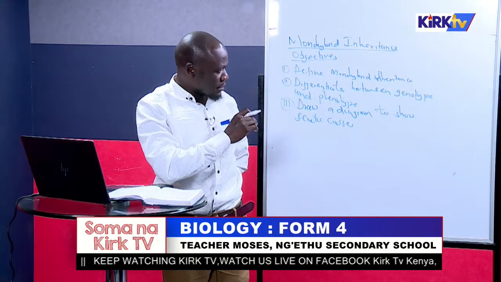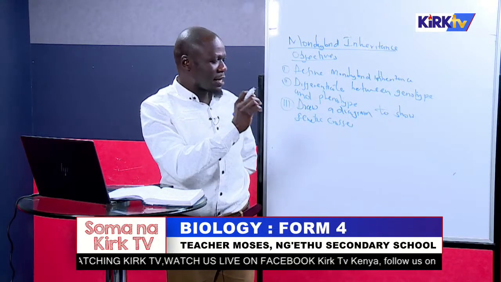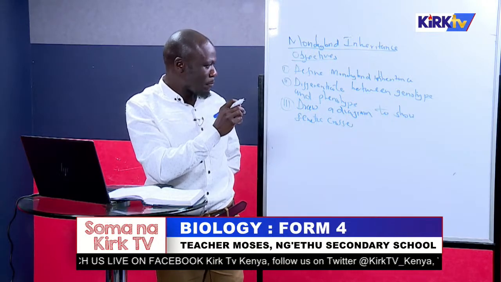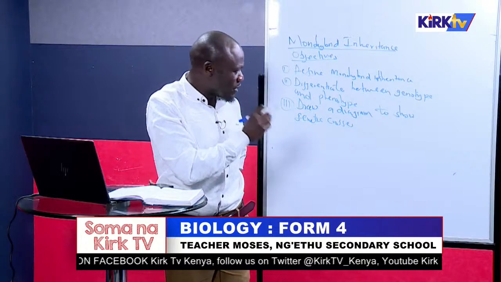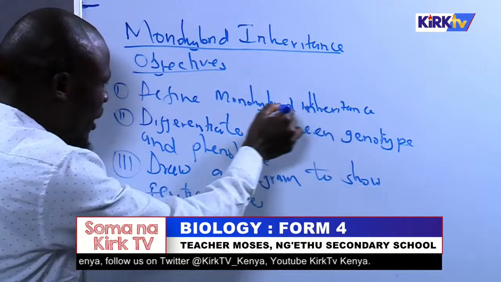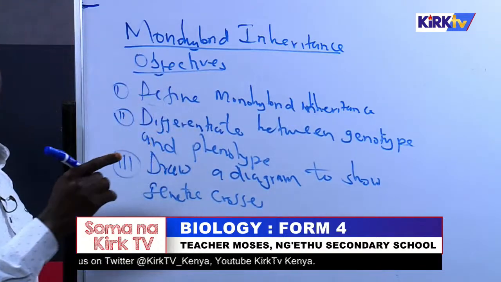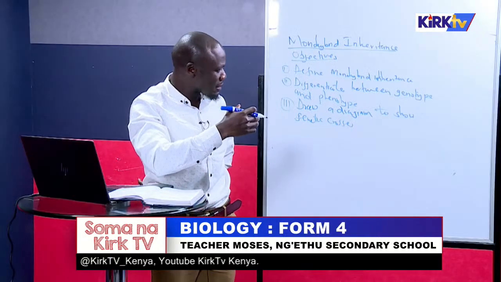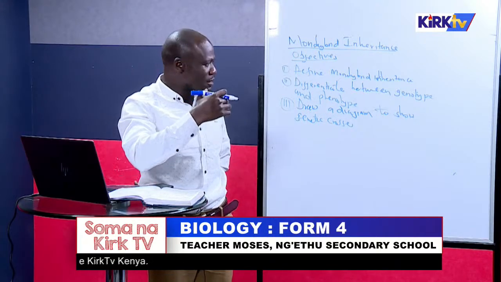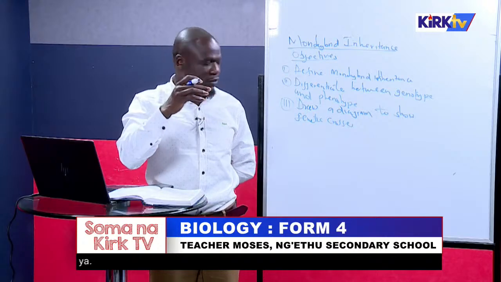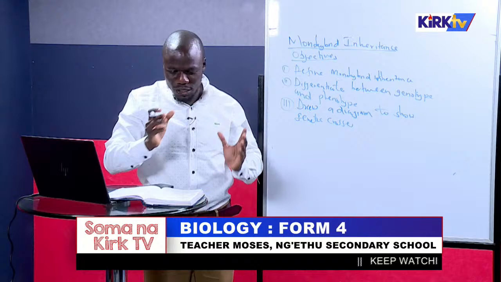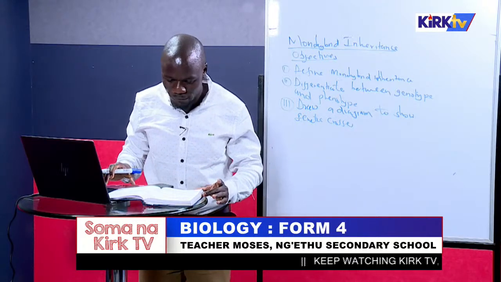So for this characteristic to be passed, it must be passed in a pair of genes. The definition will guide us when we are drawing the crosses to show how these genes are passed, so that we capture it in the right way.